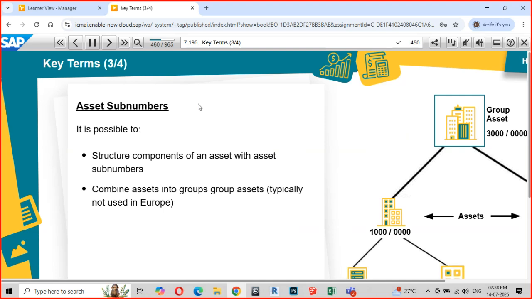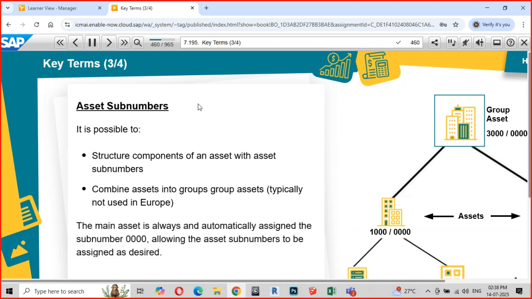Now you join a company. How does a company identify you in a unique way? Through your employee ID. Similarly, you identify the assets used by your organization.